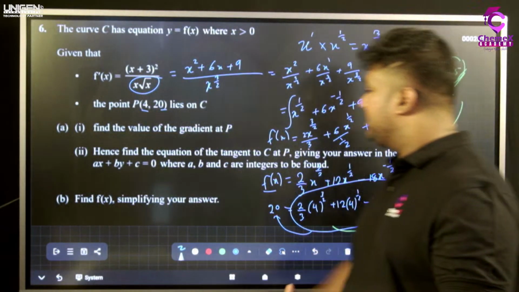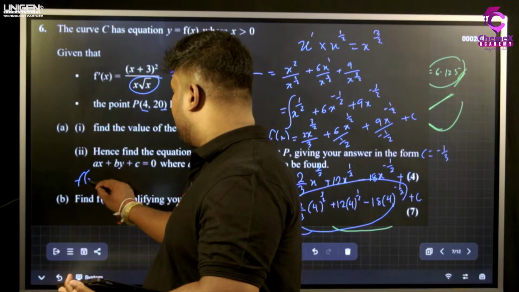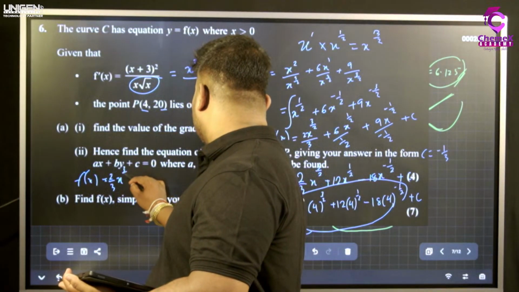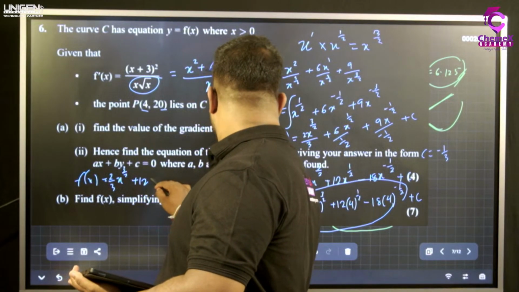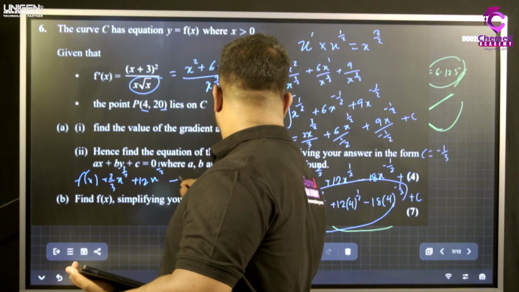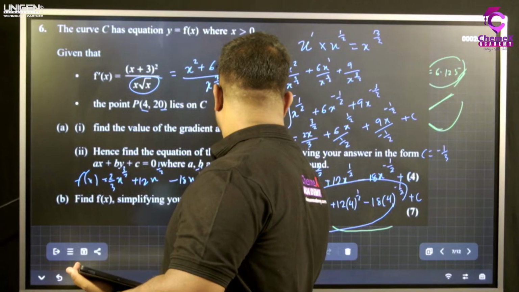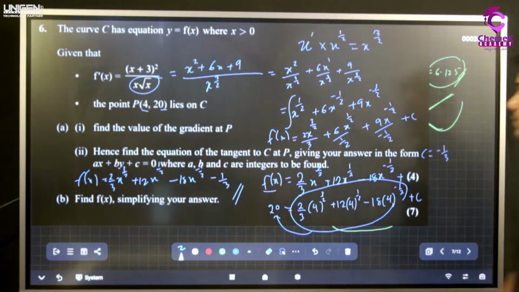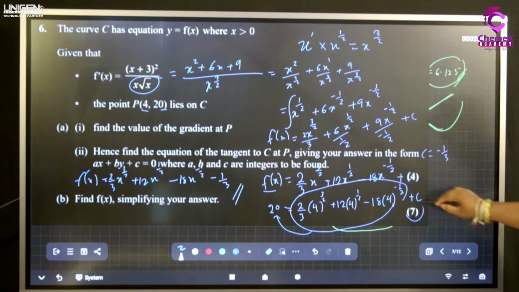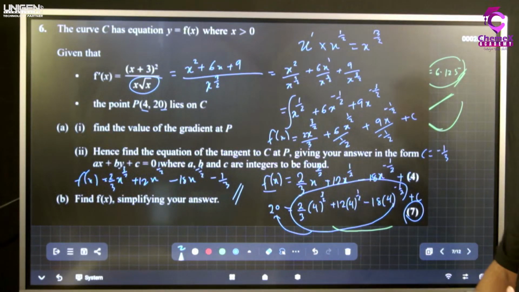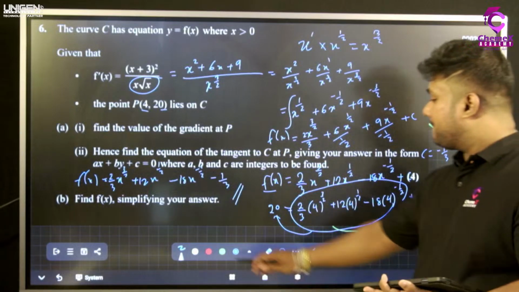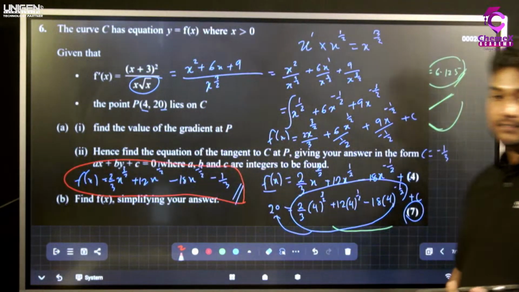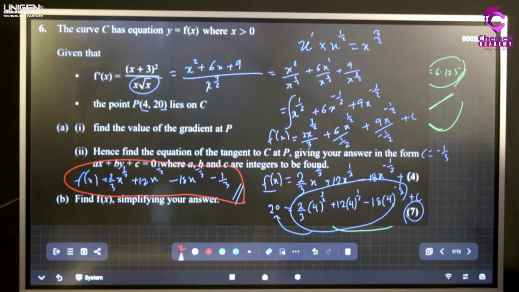Then you have to write f(x) is equal to 2 over 3 x to the power 3 over 2 plus 12x to the power 1 over 2 minus 18x to the power minus half minus 1 over 3. Without the full answer you don't get the full 7 marks. Any questions? Finally, after finding the c. Any questions?